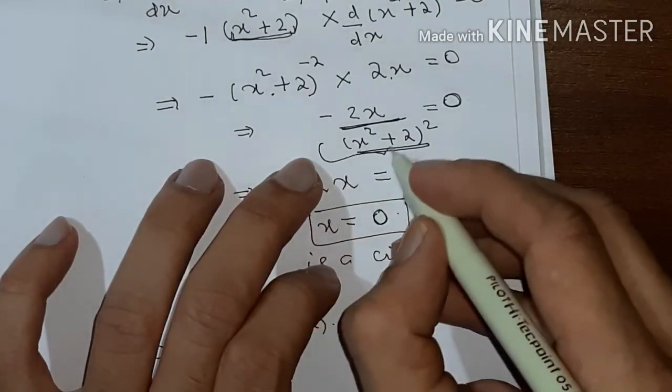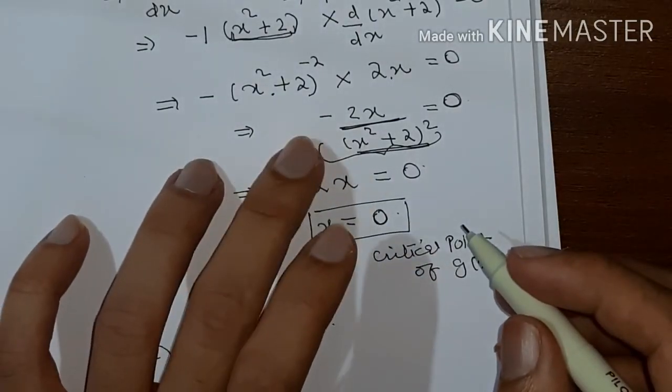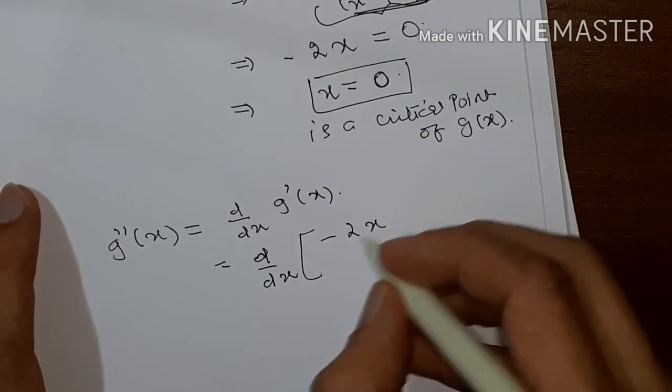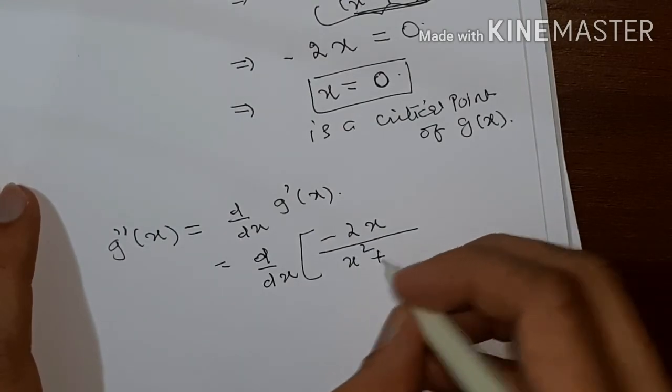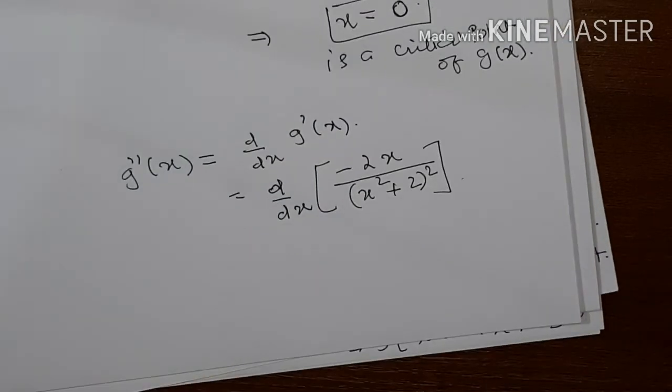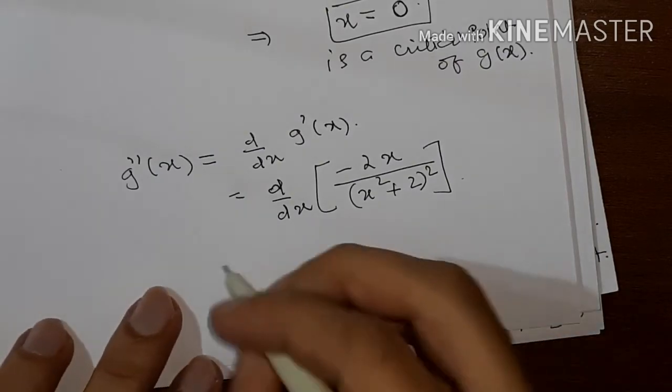So this is g prime of x here, that is minus 2x divided by x square plus 2 the whole square. So from this we have to find g double prime of x.